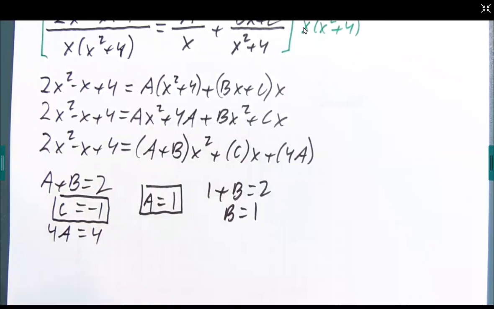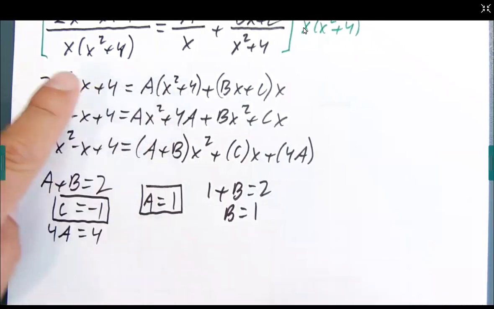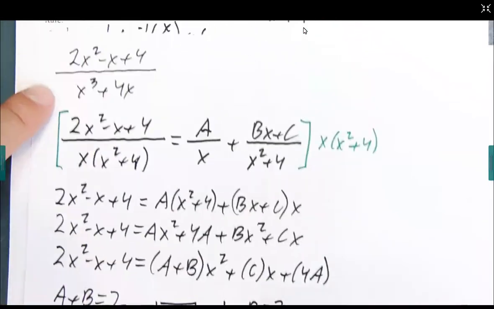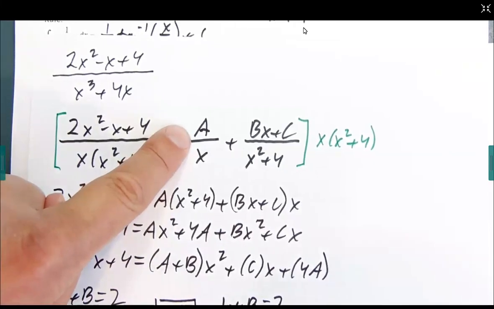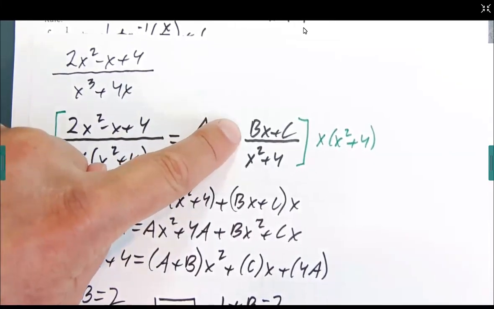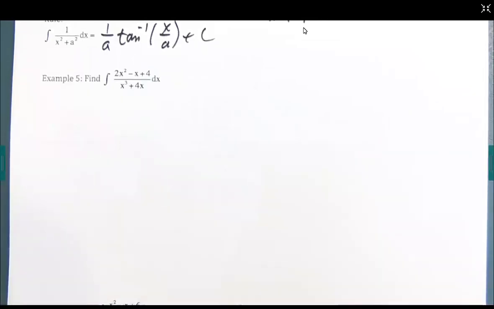All right, so I'm going to rewrite this here as the integral of a is 1, b is 1, and c is -1. So here we go.